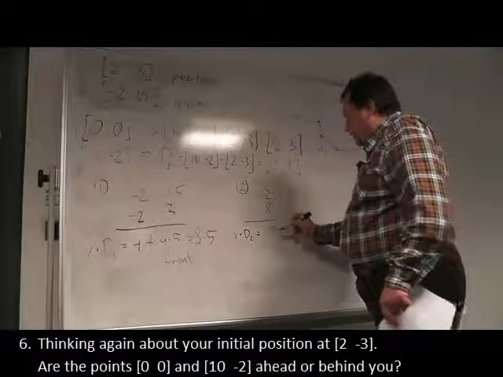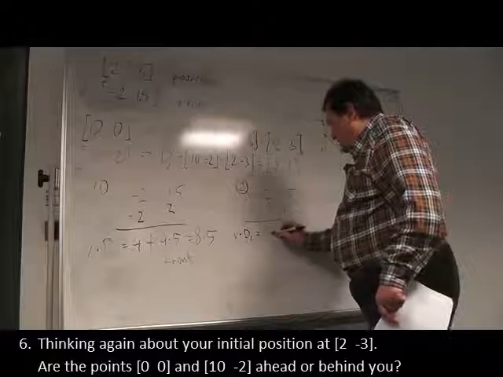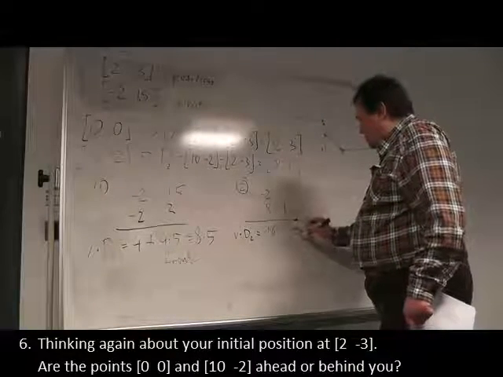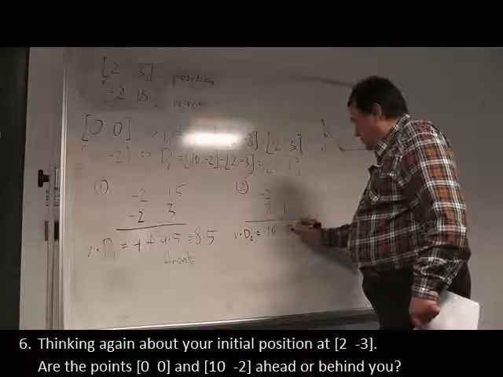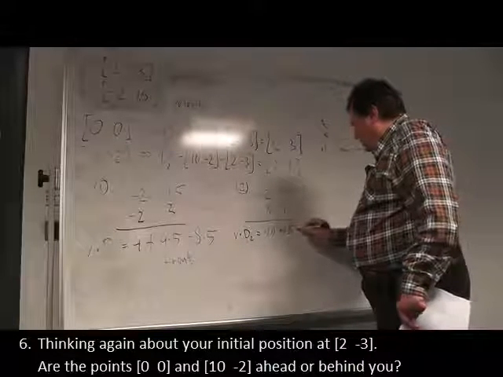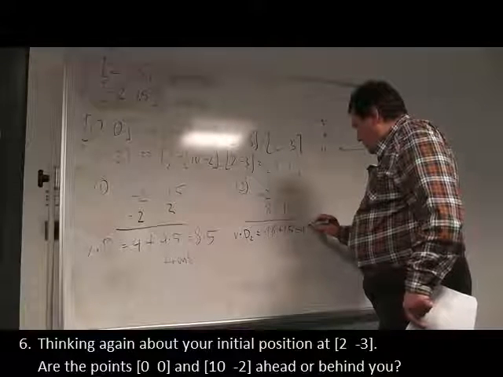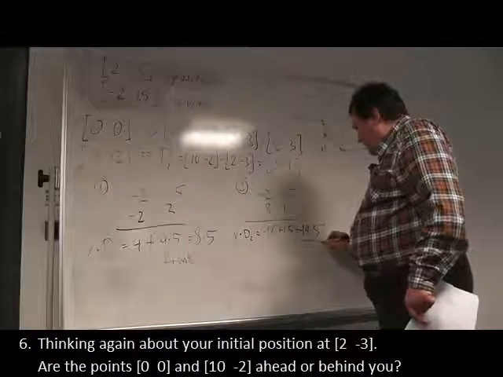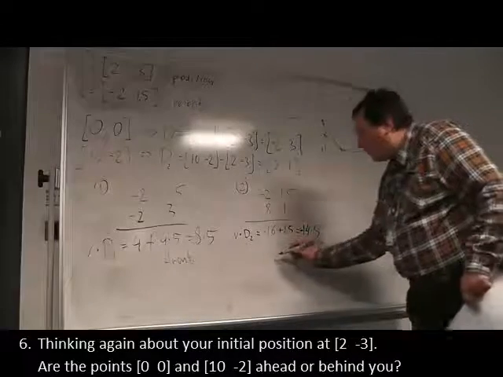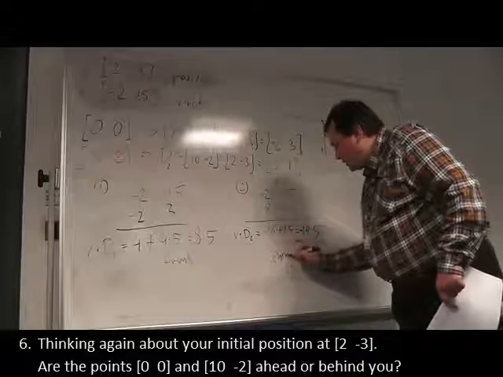So minus 2 times 8 is minus 16, and 1 times 1.5 is 1.5. Added together is minus 14.5. The result is negative, therefore it's behind.